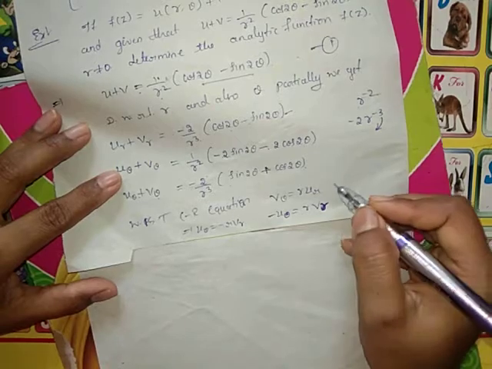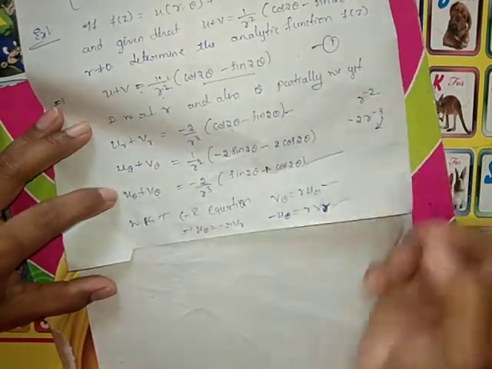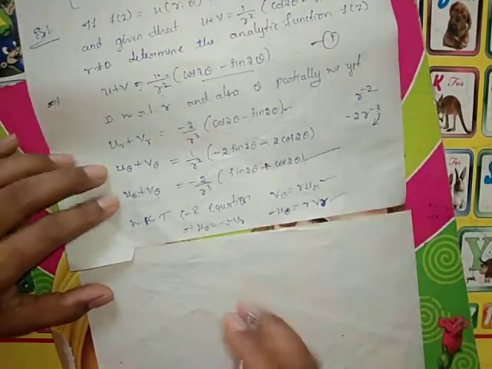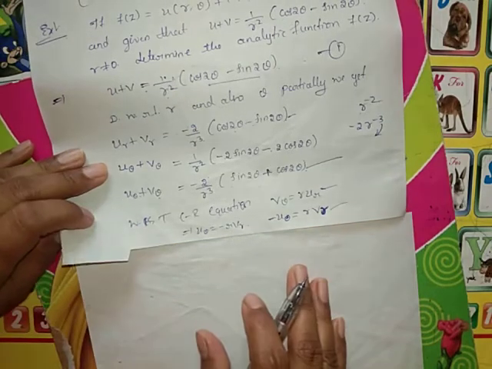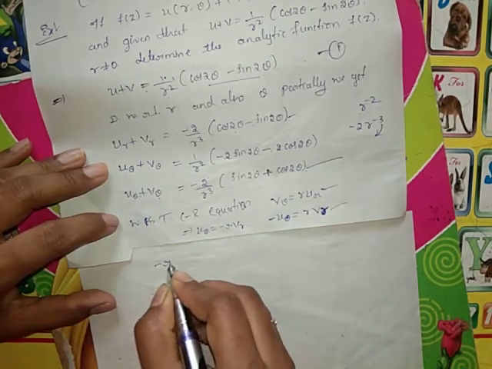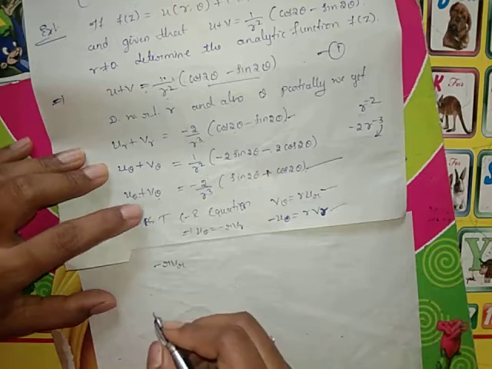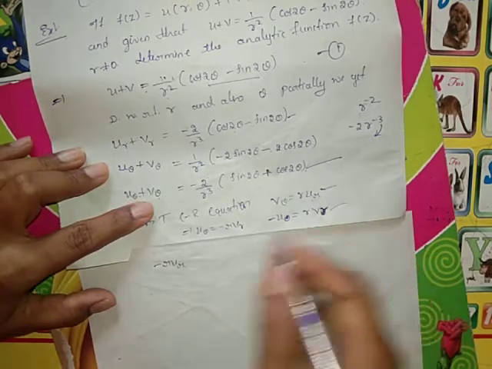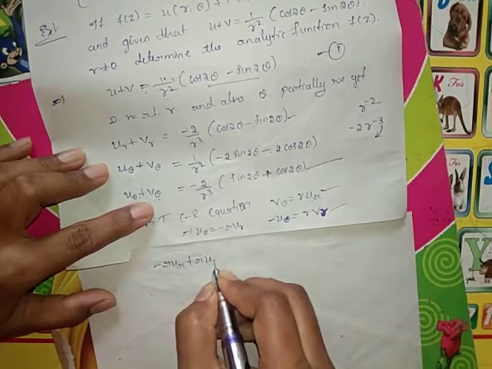We are going to use these CR equations in the u theta plus v theta: u theta is equal to minus r into vr, v theta is equal to r into ur.